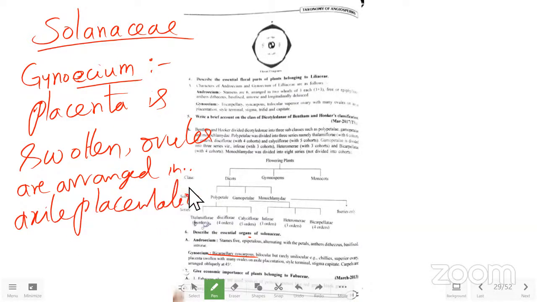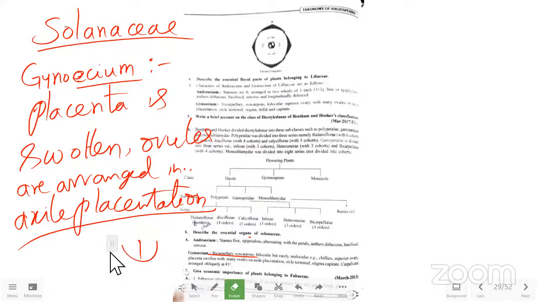The placenta will have a turn of 45 degrees so that it will make the unilocular ovary into bilocular, otherwise the bilocular into the trilocular ovary. The entire swollen placenta turns 45 degrees, so it becomes a trilocular, syncarpous, superior ovary with the false septal wall in the ovary itself.